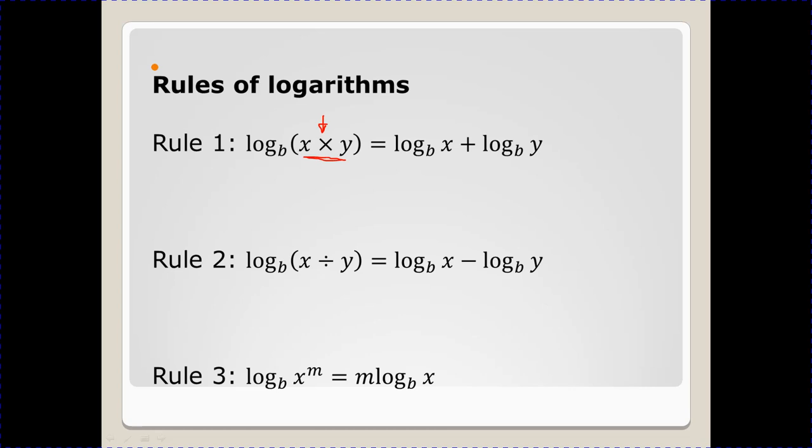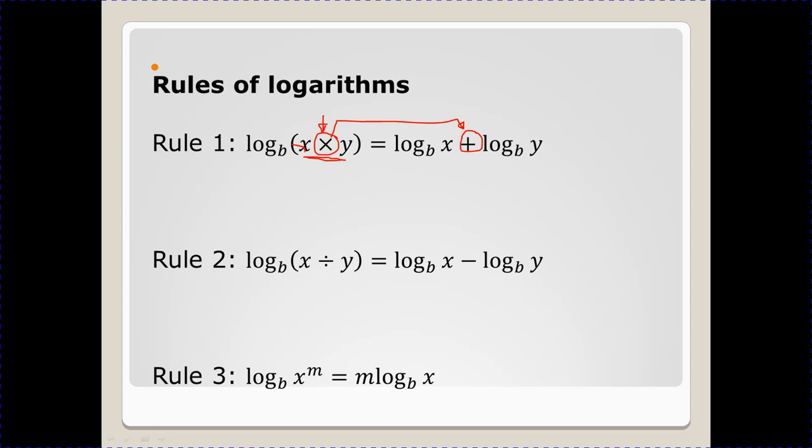It will be log x at the base of b plus log y at the base of b. This means that multiplication inside the logarithm turns to addition outside the logarithm.